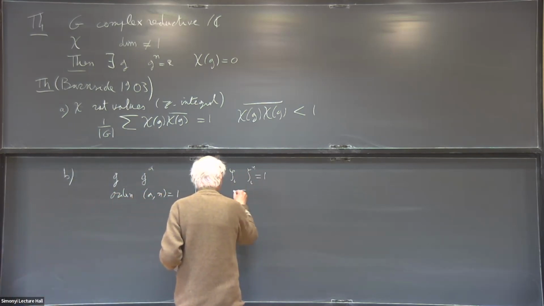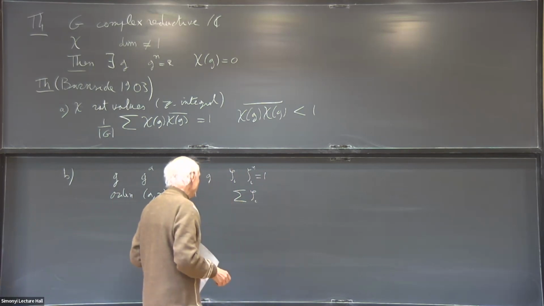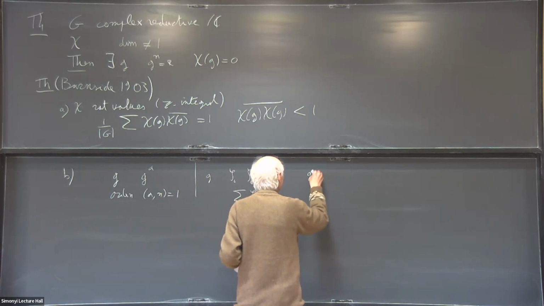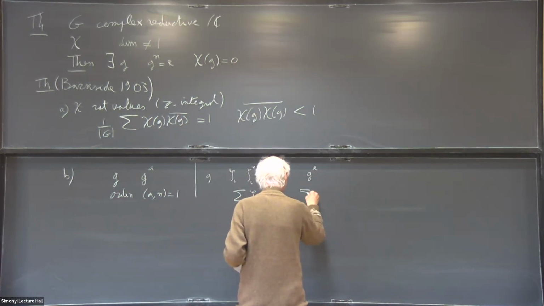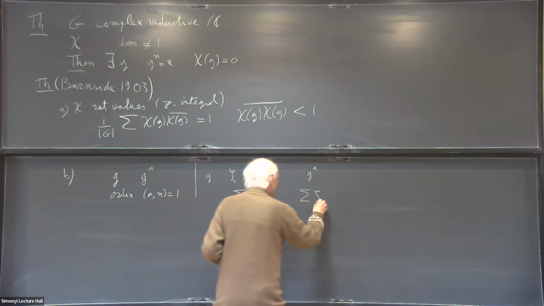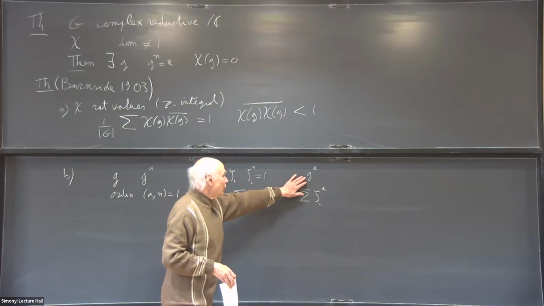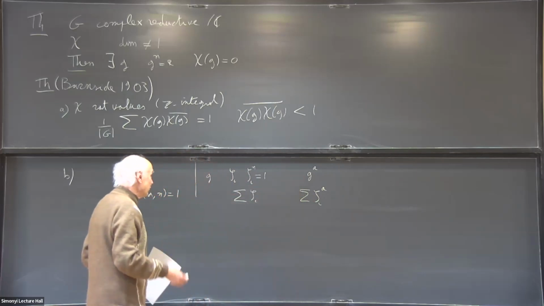And the value of the character is the sum of those eigenvalues. If I replace g by g to the power a, I will get the eigenvalues to the power a, and I look at this sum for the value of the character on this other element.